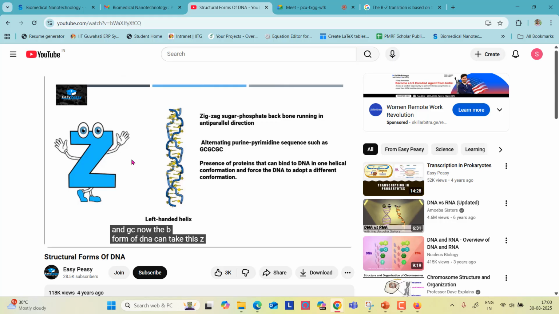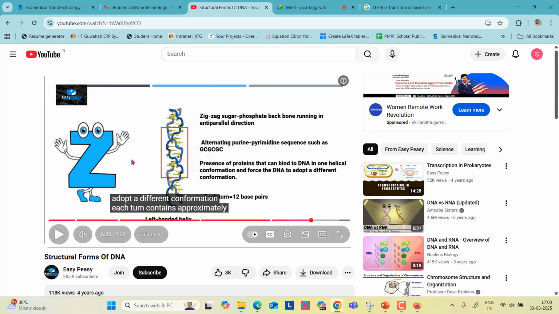Now the B form of DNA can take this Z form if proteins bind to it in one helical conformation and force the DNA to adopt a different conformation.